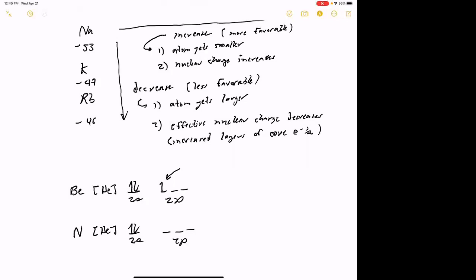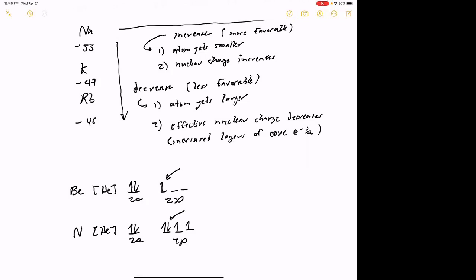Let's look at nitrogen. So nitrogen looks like this. Now I need to stick a new electron in there. I've got a half full set of p orbitals, and now I suddenly have to put a new electron in. Oh, that's costing me energy. Why is that costing me energy? It's the same argument we made before.